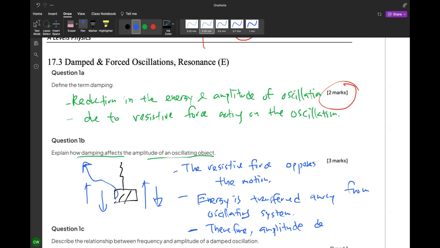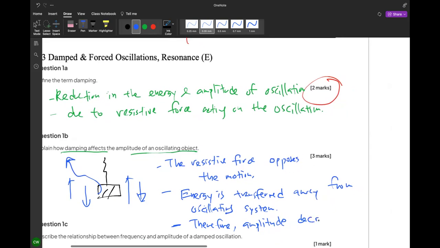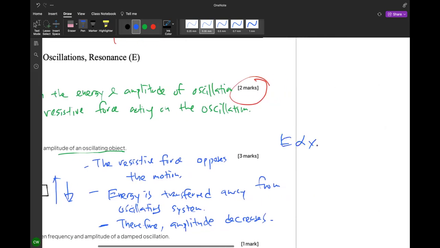Away from the system, that means you want to talk about the surrounding, also can. So the important thing is the energy is leaving us, going somewhere else. So when the system is losing the energy, then the amplitude should decrease, because energy is directly proportional to S naught square. The amplitude will tell you about the amount of energy that stays with the system.